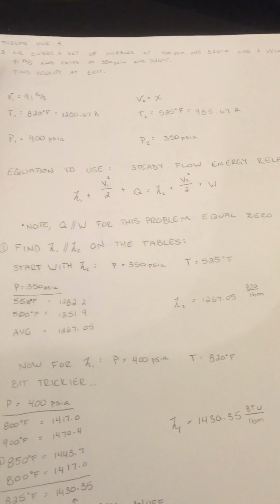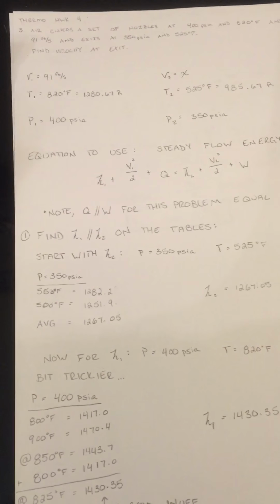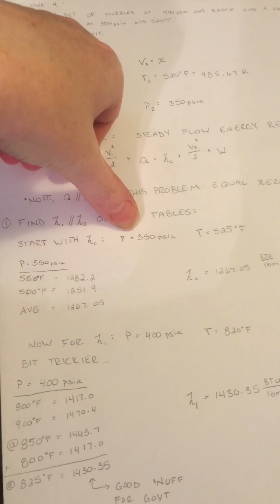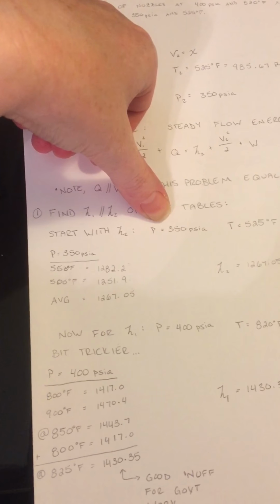Now where this gets tricky is we've got to find your enthalpies, because we've got the velocities and we're trying to find V2. We can go from there pretty easily, but we've got to go to the tables. My suggestion when looking at the tables is to go with the pressures. So we're going to start with the 350 because that's the easier one to do.